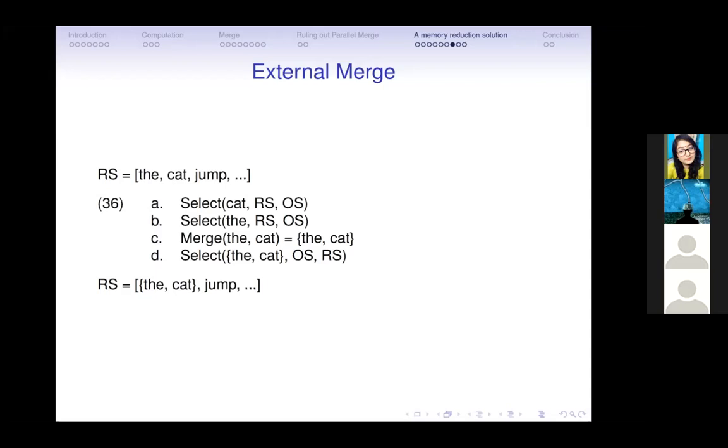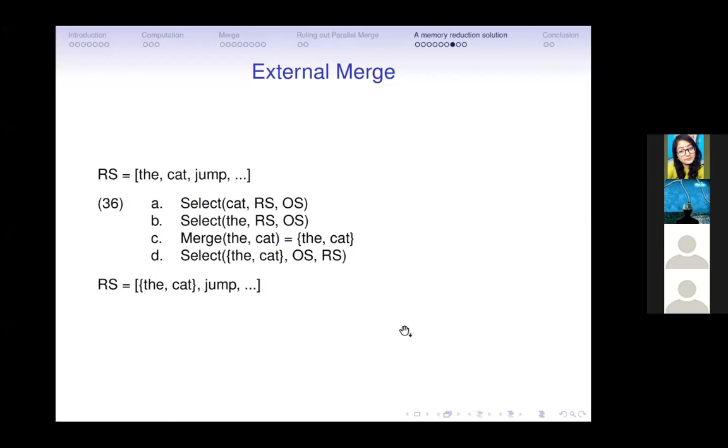What you would do in this case is you would take "cat" from the resource space into the operating space. Then you would take "the" from the resource space into the operating space. Then you would merge "the" and "cat", giving you "the cat". And then you would take that from the operating space and put it back in the resource space. And then what you get is a structured resource space, looking like just what you see after 36. So you can see how that's the same as Chomsky's external Merge.